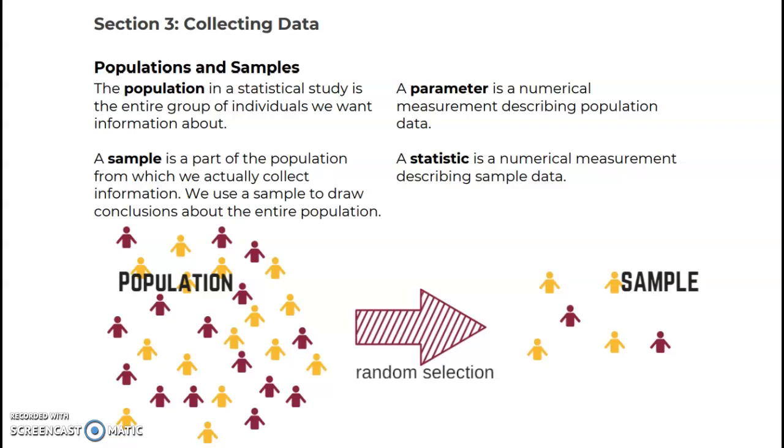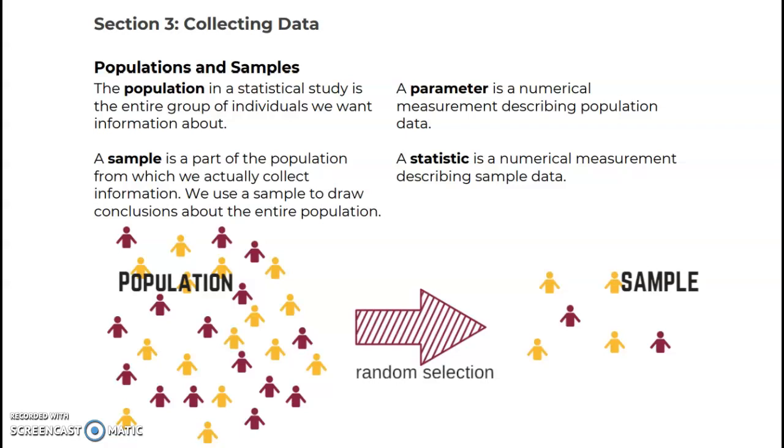Then within that population, we have a parameter, which is a numerical measurement describing our population data. In class, we will do quite a few examples for parameter that describes population. On the other hand, we have a sample, which is a part of the population from which we collect the information.